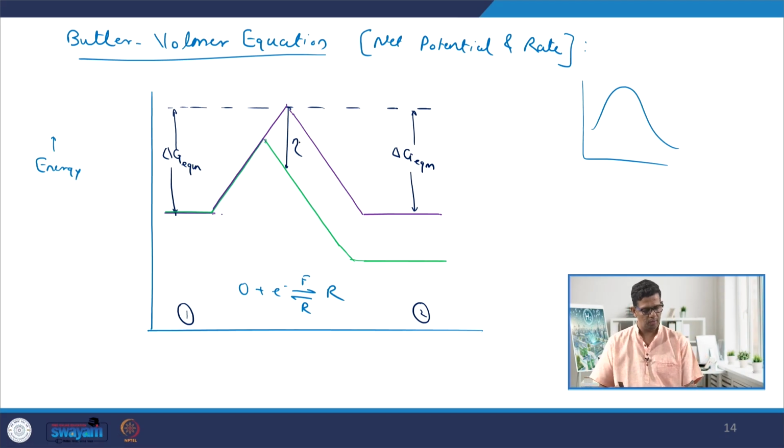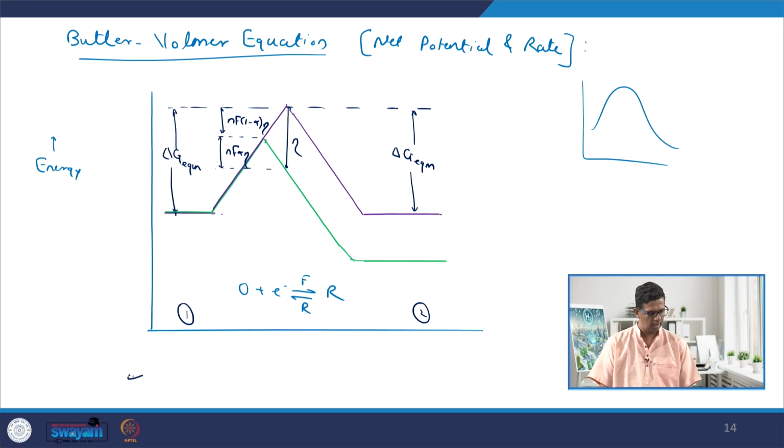Now eta is the overpotential, and if I split this into two, this is one half, the other one half. This is basically nF(1 minus alpha)eta, and this is nF alpha eta. Now alpha is the transfer coefficient. We will discuss a little more about it when we proceed further.